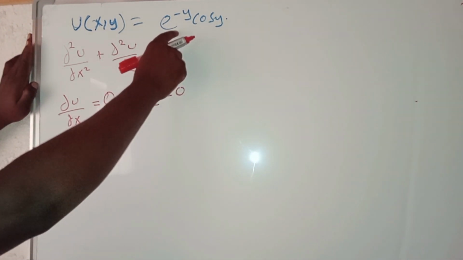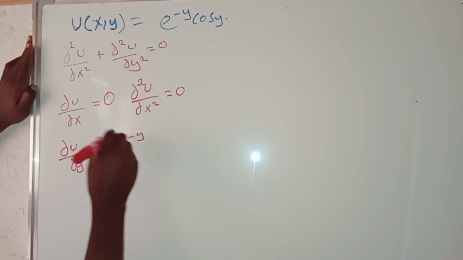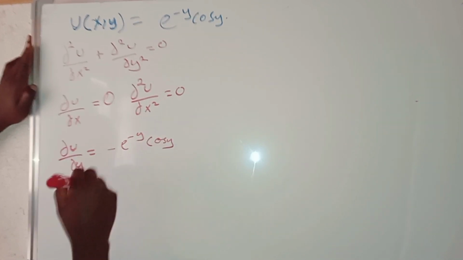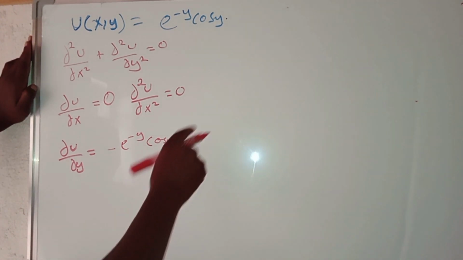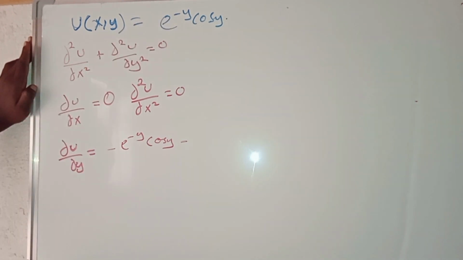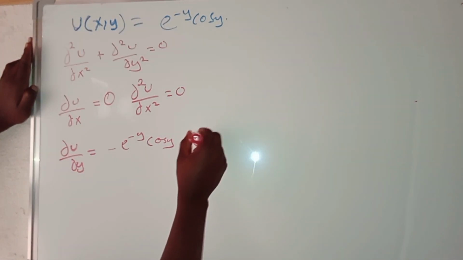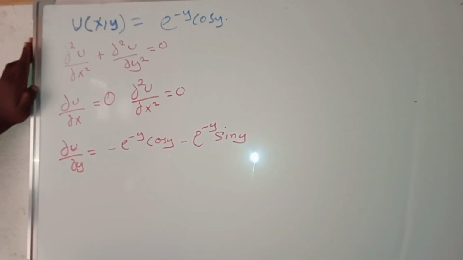So the derivative of e raised to the power negative y will be negative e to the minus y cos y, minus the derivative of cos y, which is minus sin y, multiplied by e raised to the power negative y. So negative e to the minus y cos y minus e to the minus y sin y, read together.